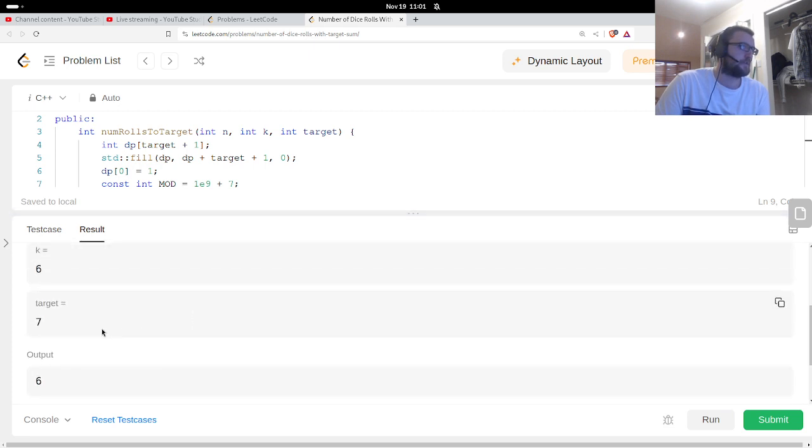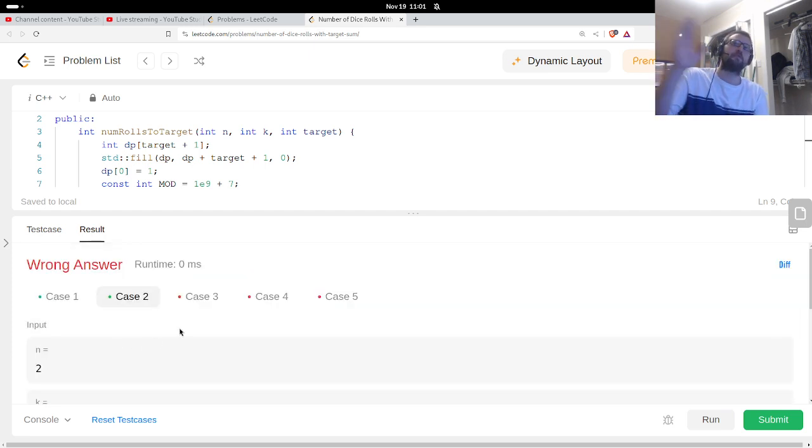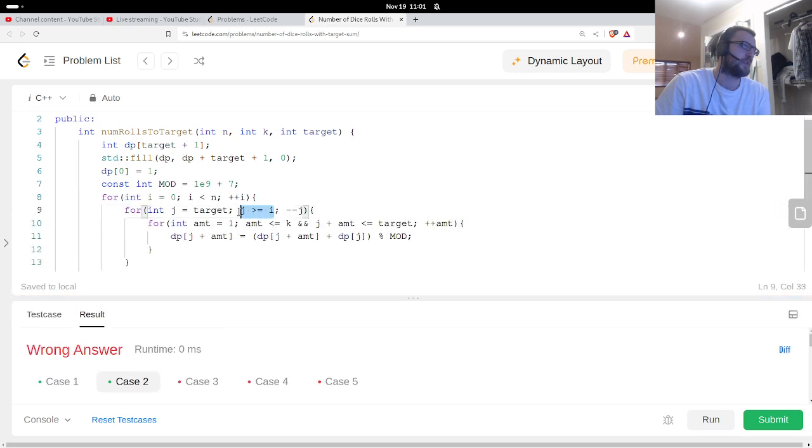With 2, right, the first thing we do is we set up 1 through 6 with 1s. The second iteration, we should skip I is 0, and we go down to I is 1. I think, you know, I'm not too sure about this actually.